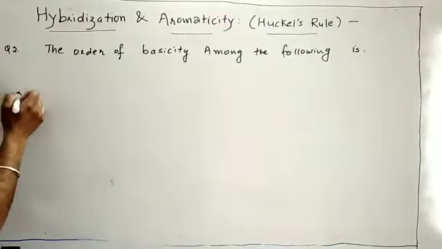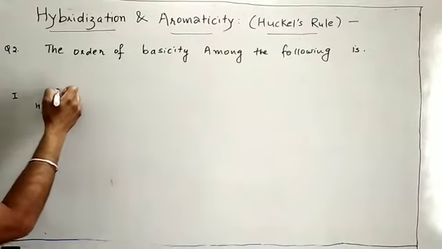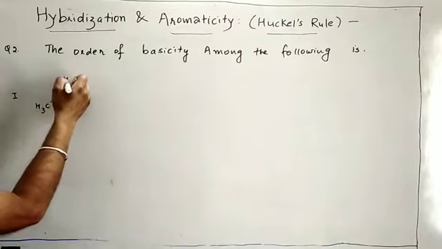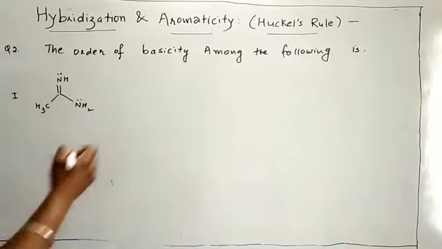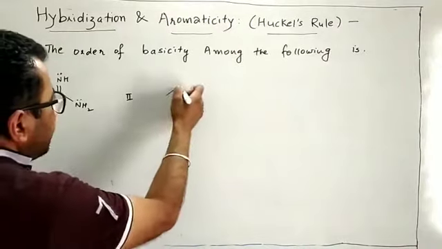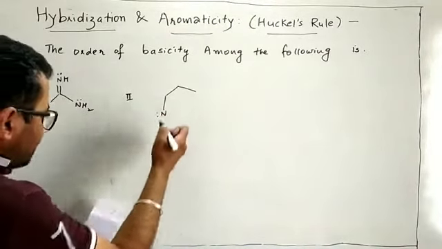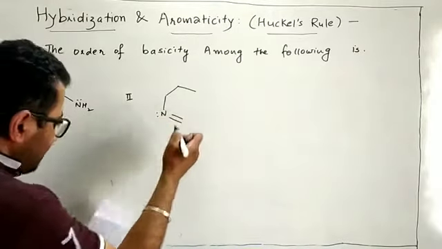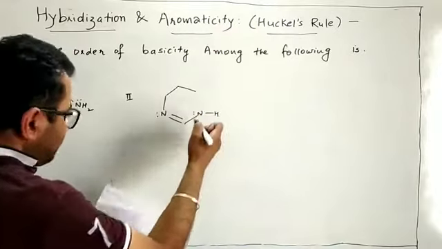Number 1 is CH3 with a double bond, having a lone pair of electrons, and here is NH2. The second compound given is a ring like this, a nitrogen atom with a double bond, and here is again a nitrogen atom.